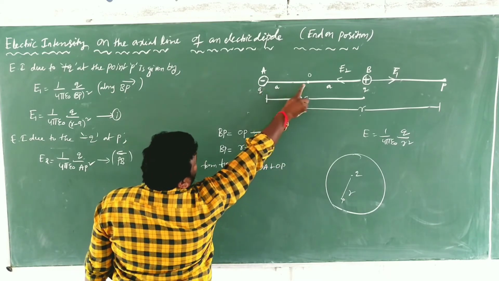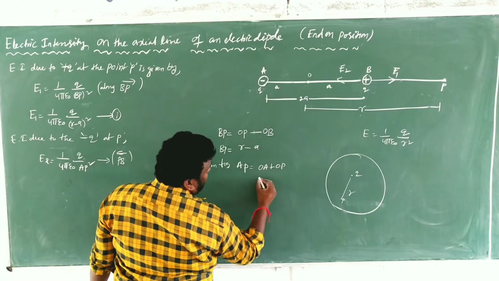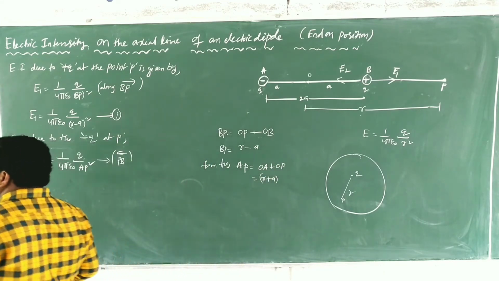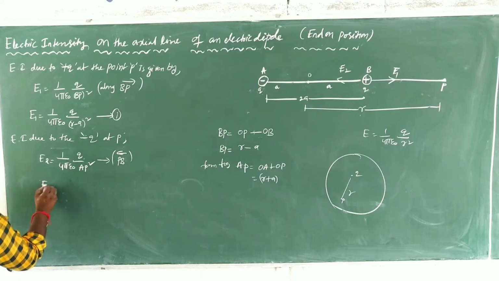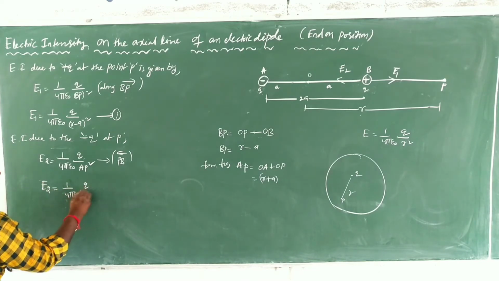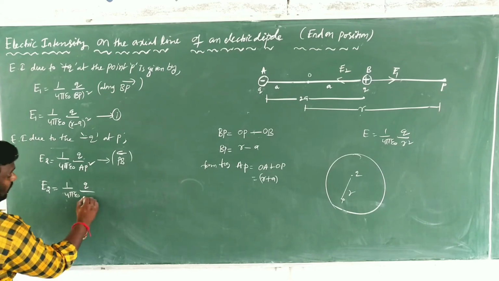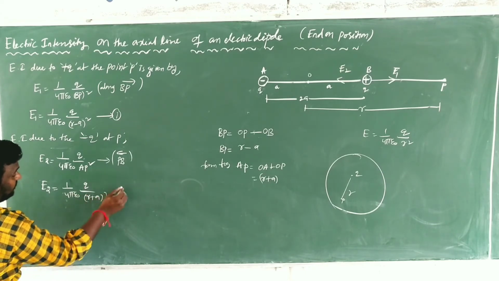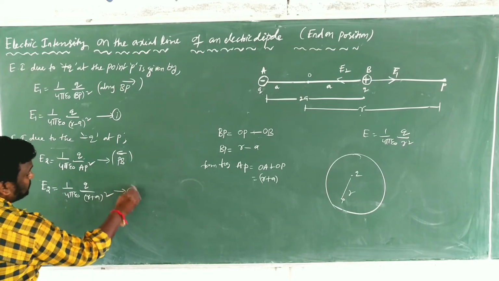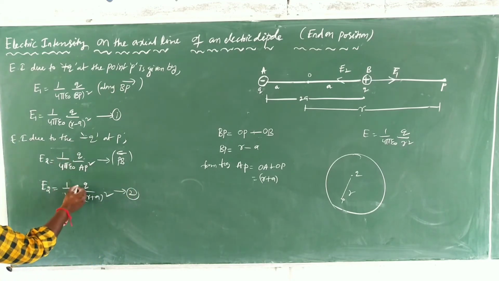What is OA? A. What is OP? R. Simply I am writing here R plus A. Therefore E2 is equals to 1 by 4 pi epsilon naught Q by R plus A whole square. It is now equation number 2, and what it is that? It is minus Q. Clear?